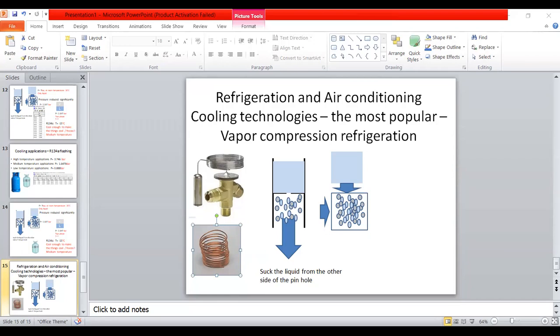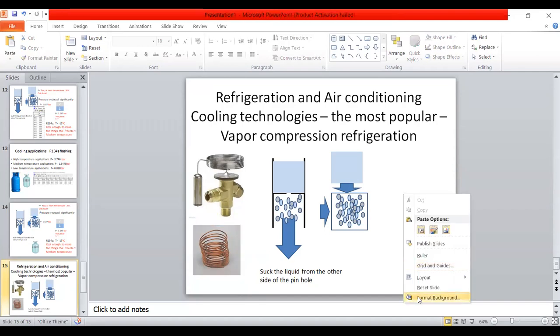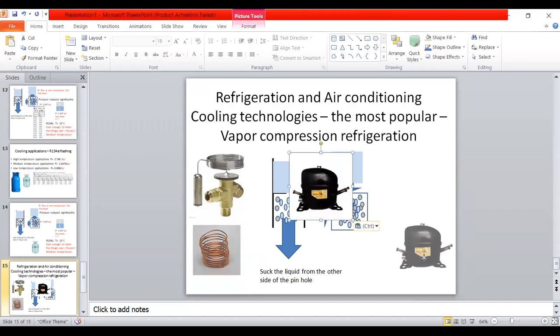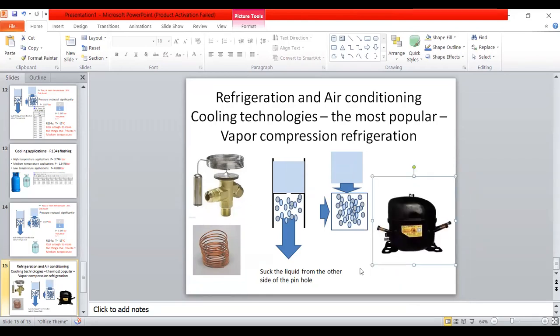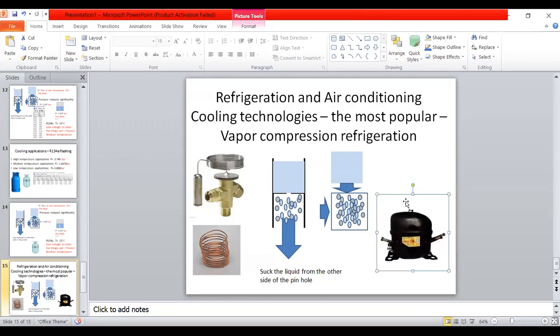So let me put a picture here. Later we will be learning on this. So you can see, inside this is a piston cylinder arrangement, and also there is an electric motor.